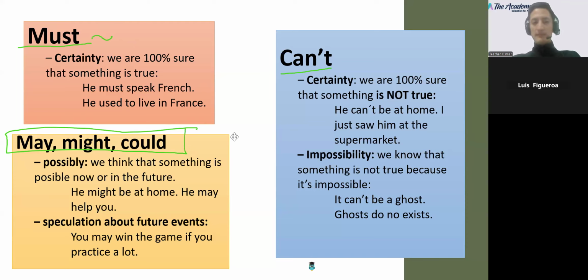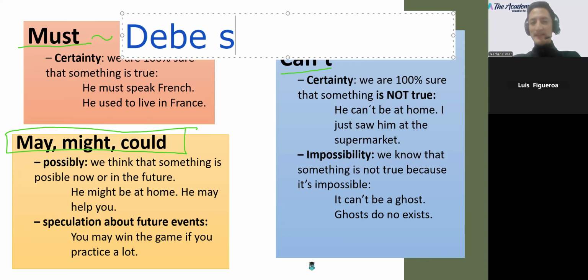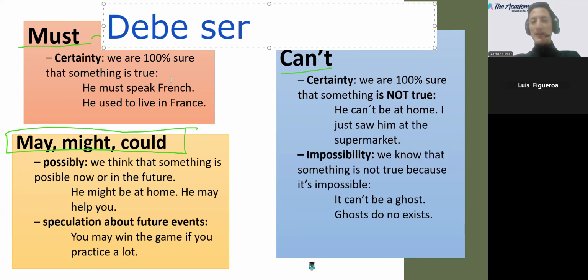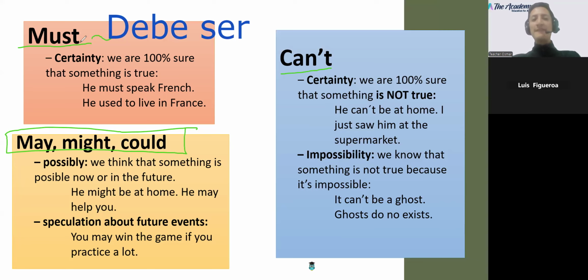La traducción literal sería como debe ser, pero cuando estás seguro de algo, when you have certainty. Certainty means that you are 100% sure that something is true.